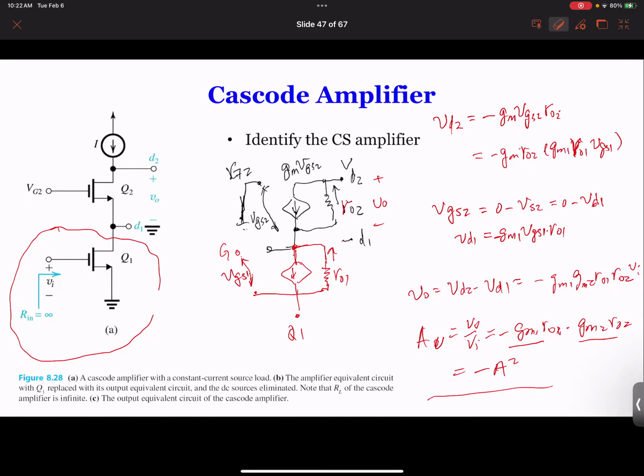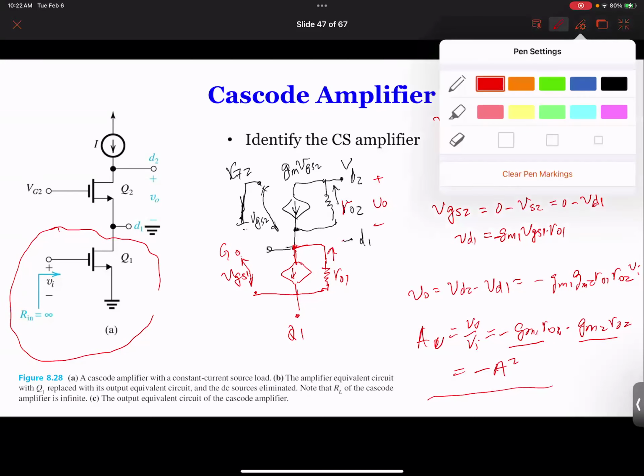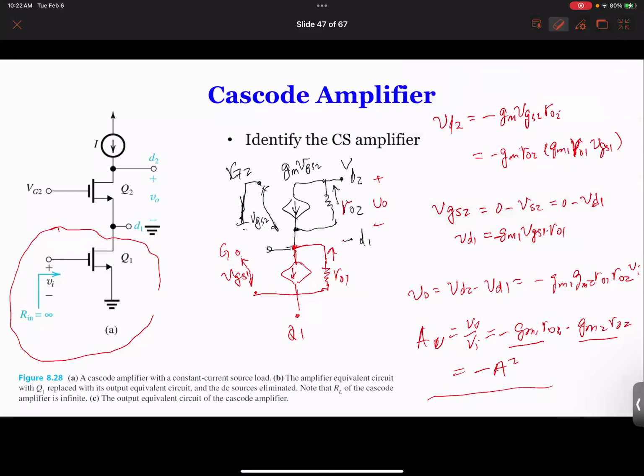VD2 relative to ground is this much, and then VGS2 was solved, and VO, of course, now I need to correct this mistake also. So VD2 is positive, yeah. So VO is equal to VD2. Okay, so that's what we get. Sorry about that.